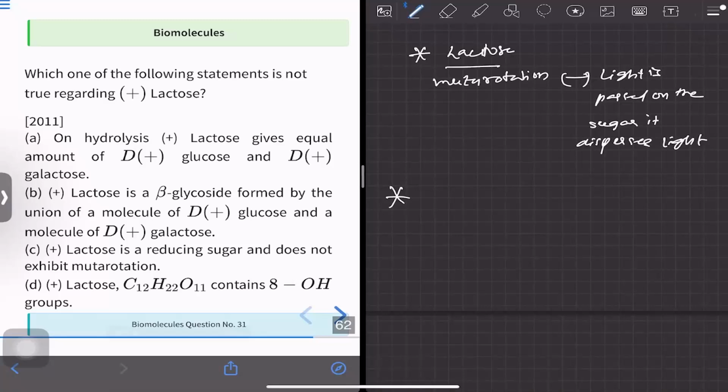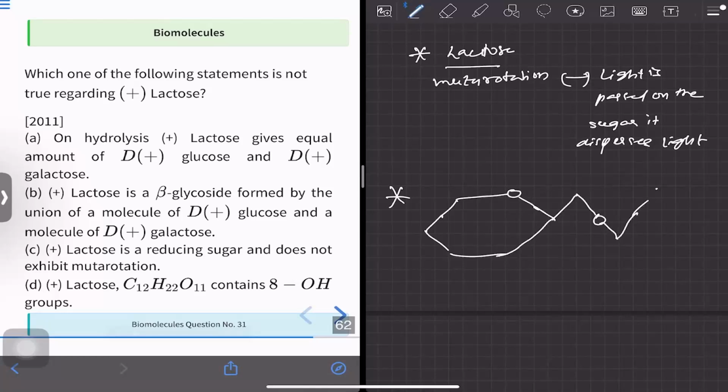Next, option D. Lactose consists of 8 OH groups. This can be remembered with the help of the structure of lactose. Lactose is made up of glucose and galactose with the help of a glycosidic bond.